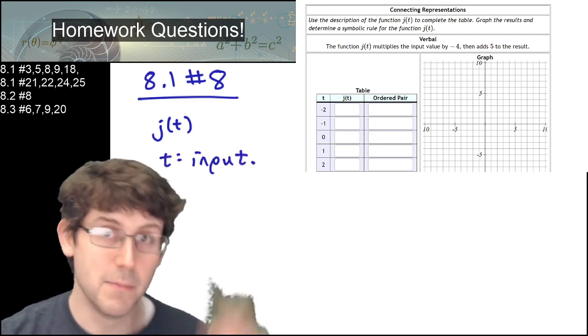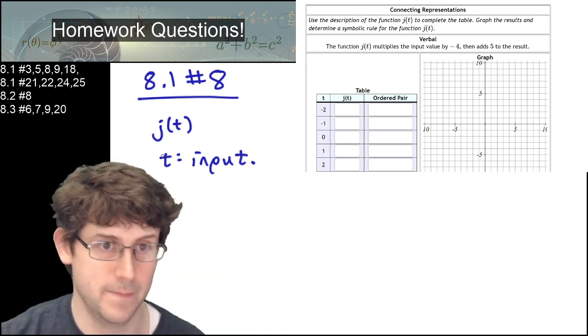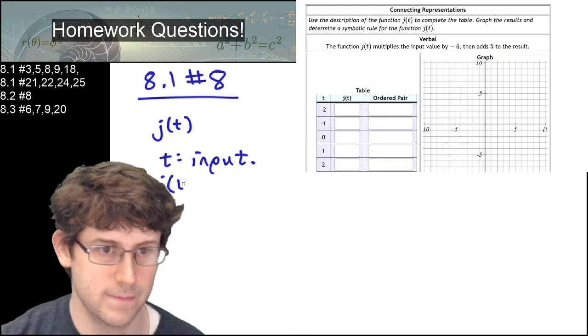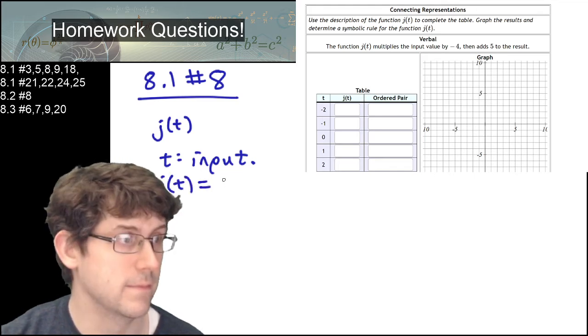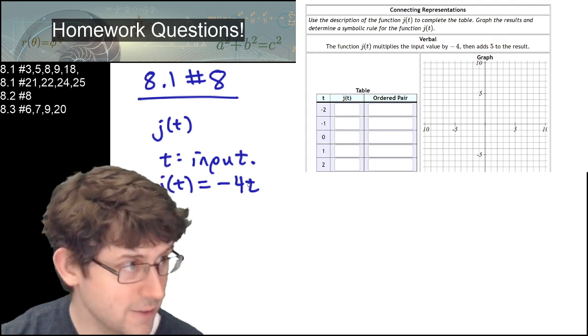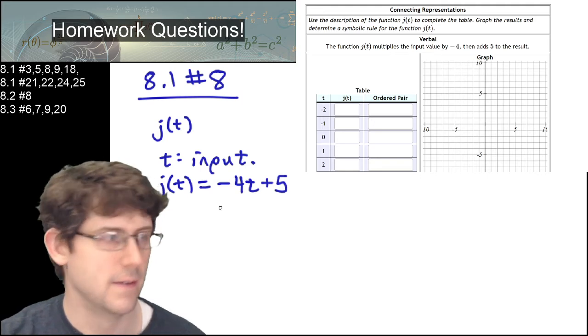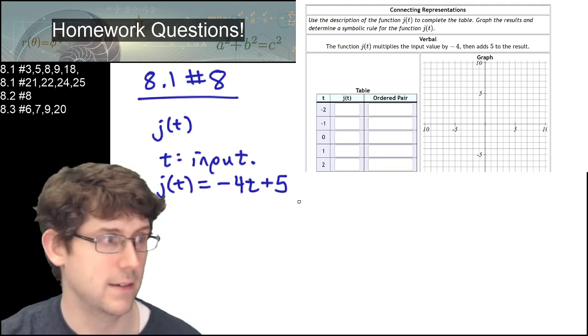So I need to multiply the input value by 4. So I'll multiply t by 4. Oh, it says -4. Multiply the input value by -4, then add 5. So this is my formula.